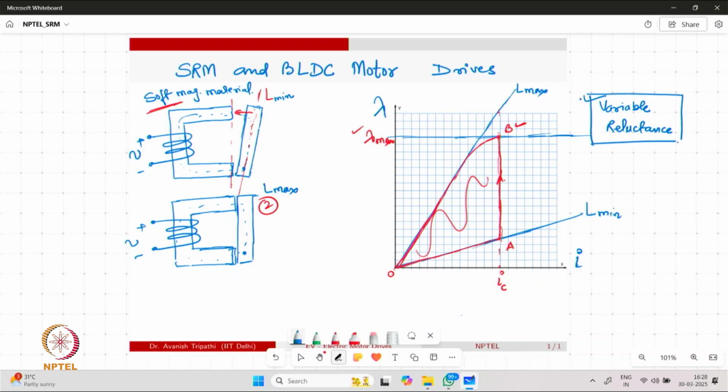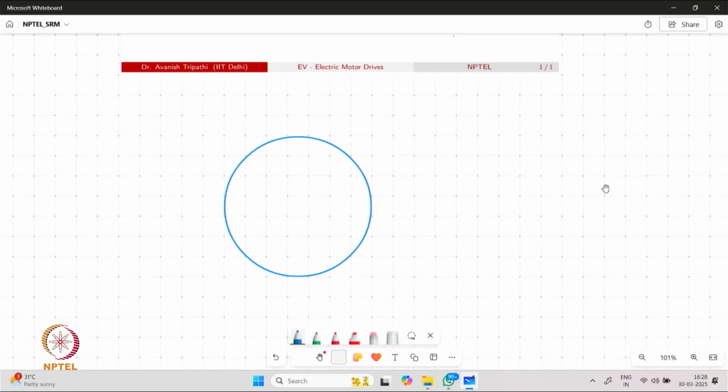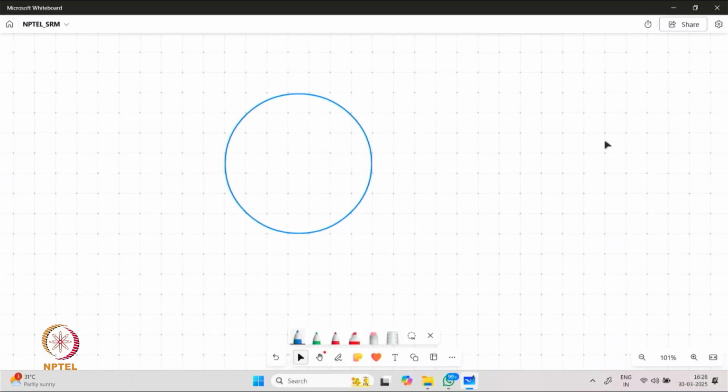So this is the principle on which this plunger is moving, and we can make the system more like a motor where we have rotary arrangements. So we may have a stator where we are providing the coils.